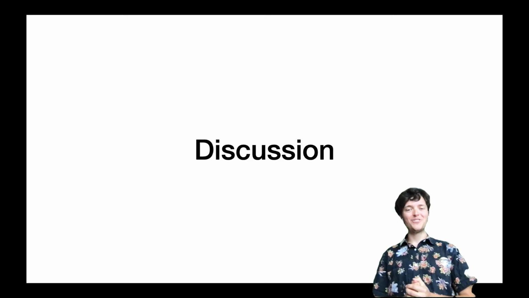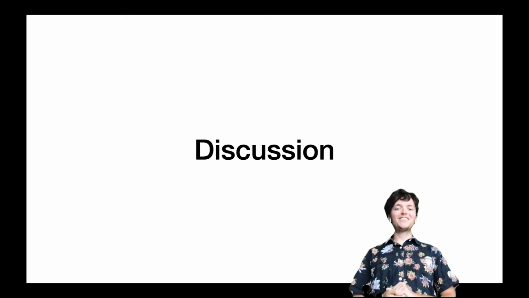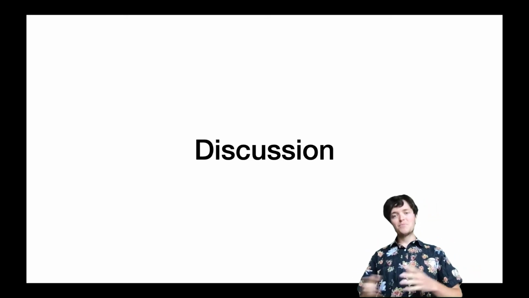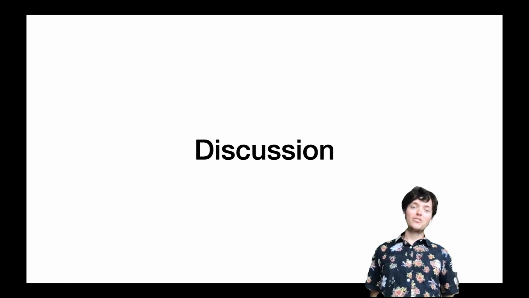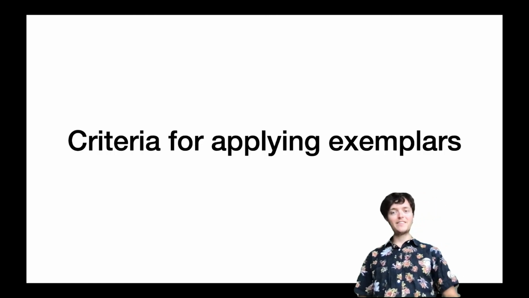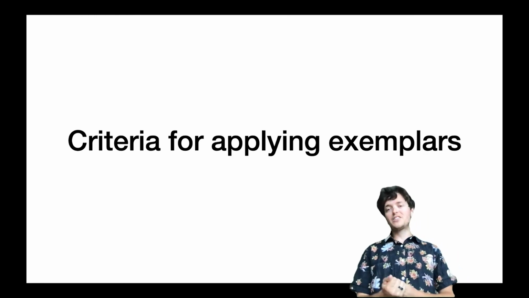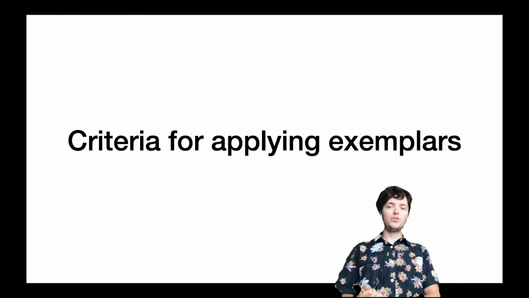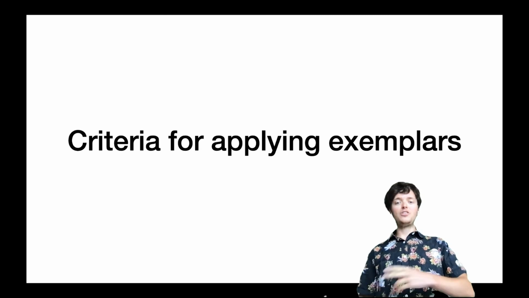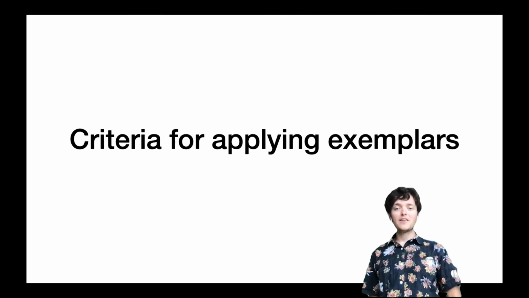So moving on to the discussion here, we think this idea of exemplars has potential to generalize to other areas. And in our opinion, there's 2 criteria that you can think about applying before you can use this idea of exemplars.